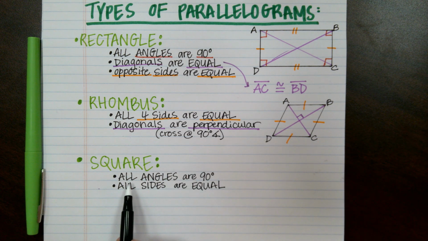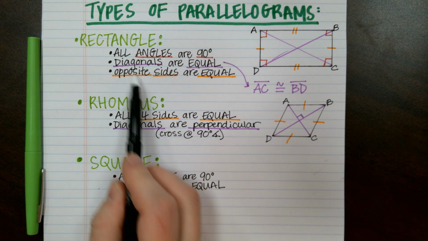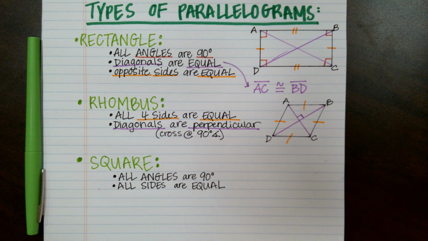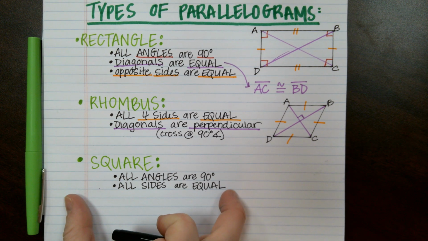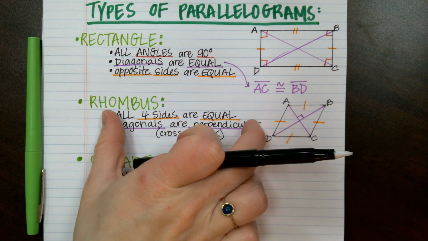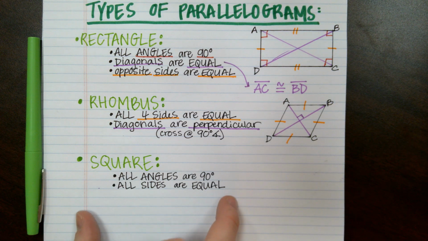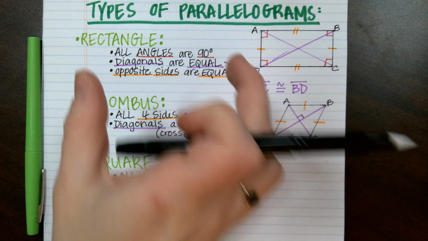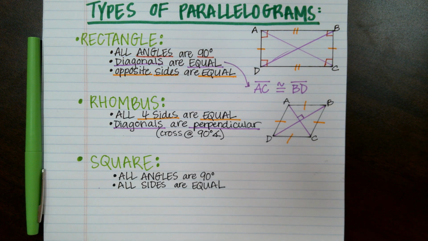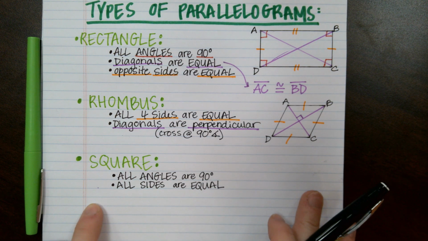And we know that a square also follows all the rectangle and rhombus rules, because a square is technically just a more specific rhombus. It's technically just a more specific rectangle. Does that make sense to you guys, or is that confusing? It's like it falls into the subcategory. It's just a more specific version.